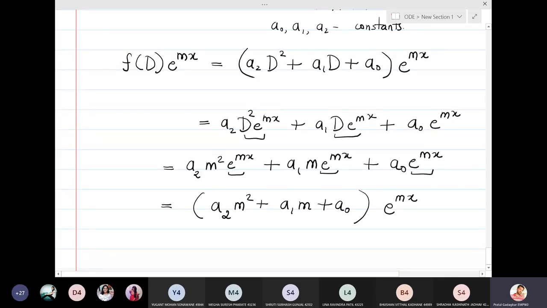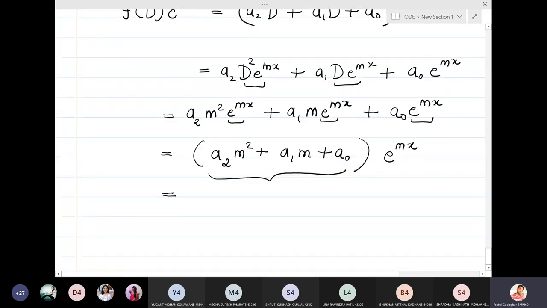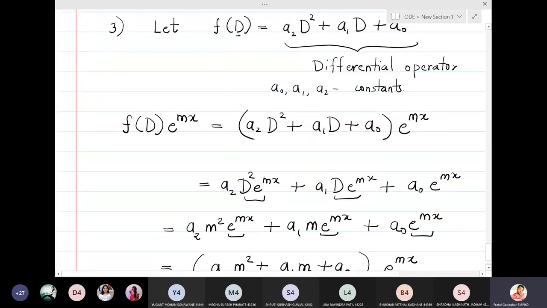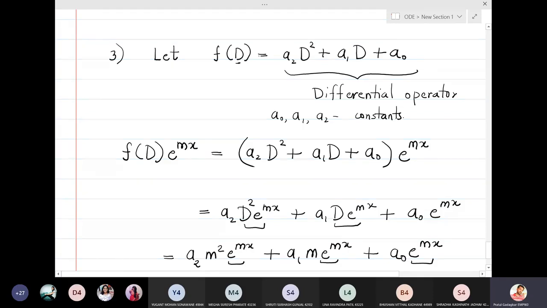Now who is this person in the bracket? You see, what is f of D? f of D is a2 D square plus a1 D plus a naught.